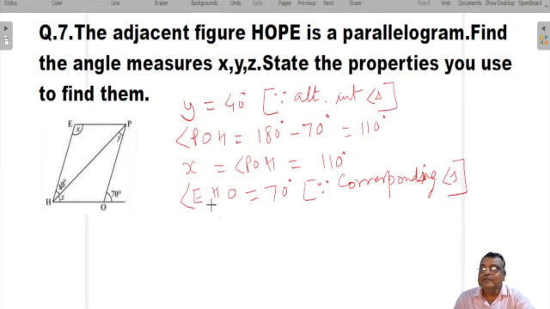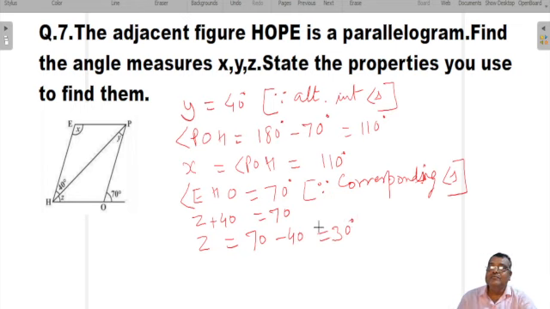So EHO is equal to z plus 40. Z plus 40 is equal to 70. So z is equal to 70 minus 40, which is 30 degrees. Z is 30 degrees. So you are getting x here, y here and z here.